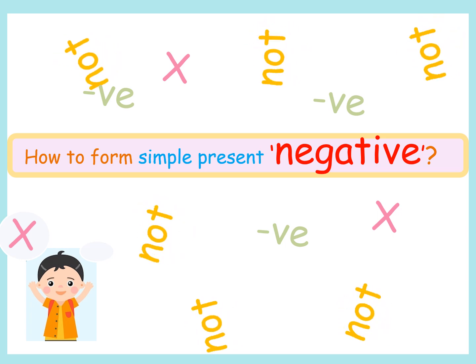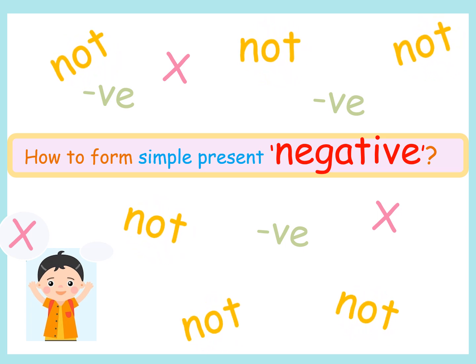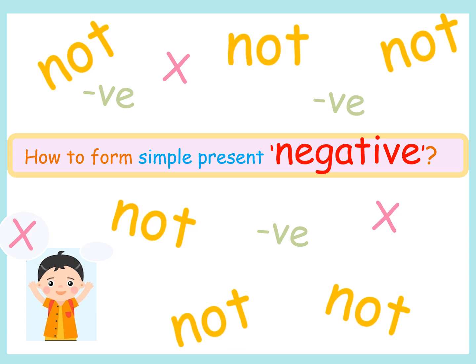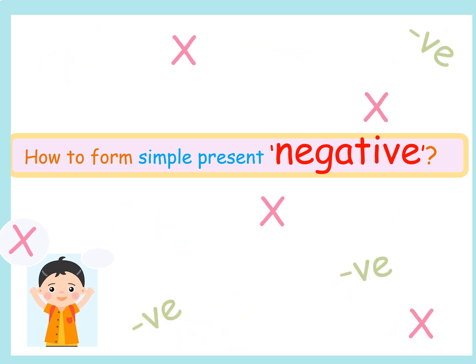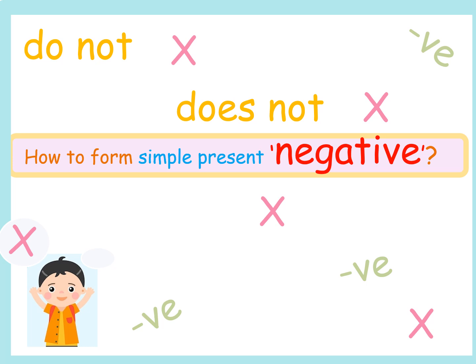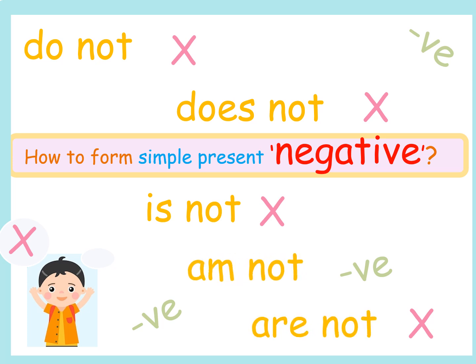Now, do you know how to form negative sentences in the simple present tense? You're right. We've learned how to use do not and does not to show something that does not happen. We have also learned how to use is not, am not, are not to describe people with some adjectives like happy, lazy, and so on.